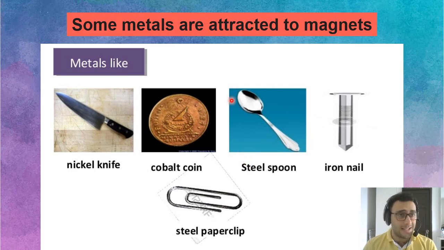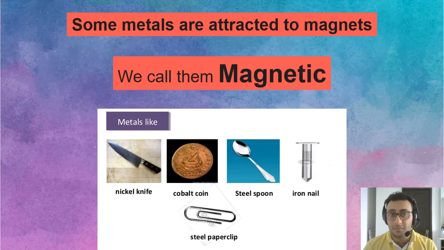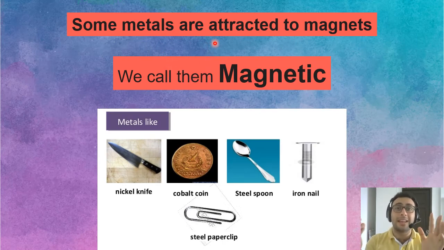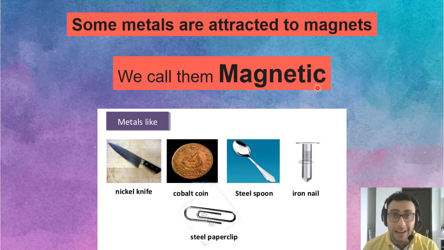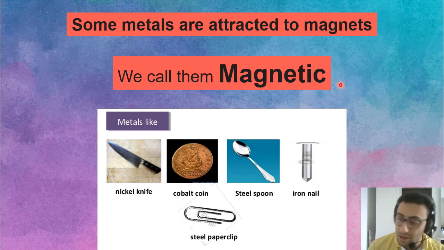Now, as I said, some metals. We call these things that get attracted to magnets magnetic. So, some metals are attracted to magnets. We call them magnetic. So, for example, let's see.